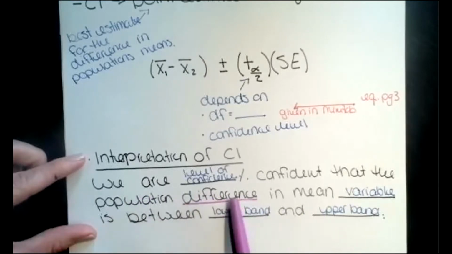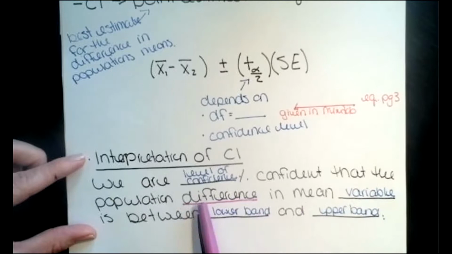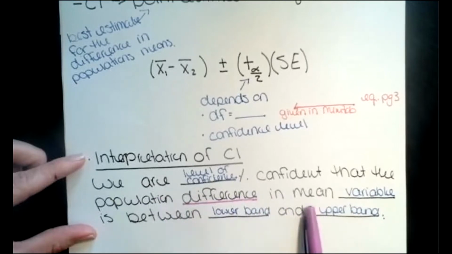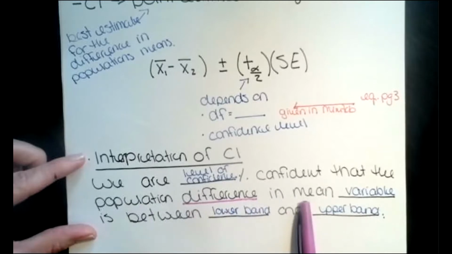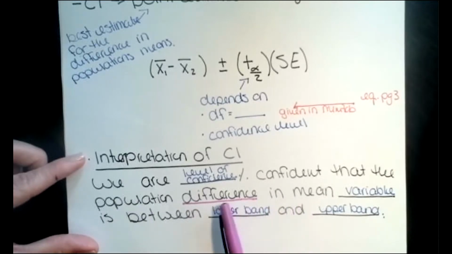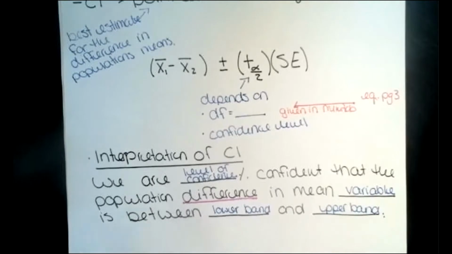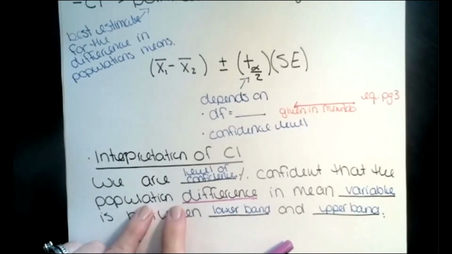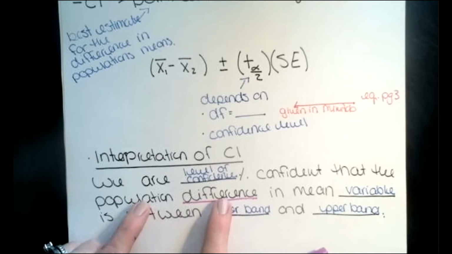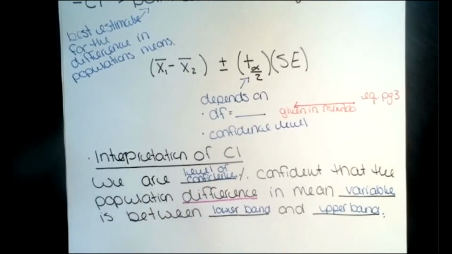I'm looking for the specific wording. I don't want difference moved around here in this statement. I want to see it as population difference in means. And you're going to see next class why that wording makes sense, okay, in this order. And then your mean is of what variable, whatever you're studying between those. So you can switch it around all you want, but this population difference in means cannot be switched around. This needs to stay right the way it is, okay?